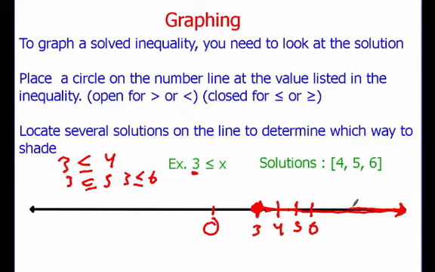And we know that any number that falls to the right of 3 is greater than 3 and therefore can be a solution to our inequality. We could put like 12 on here, put like 25, we could put like 3,000. These are all solutions to the inequality. And that's how we're going to figure out which way to shade when we graph: we are going to plug in some solutions and see where they fall.